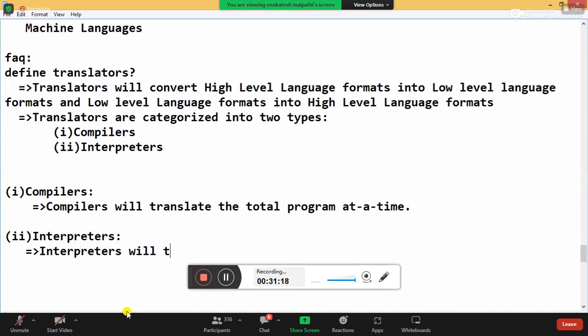Interpreters will translate the program line by line. Compilers will translate the program at a time. Interpreters will translate the program line by line.